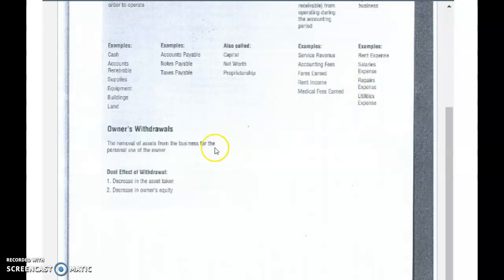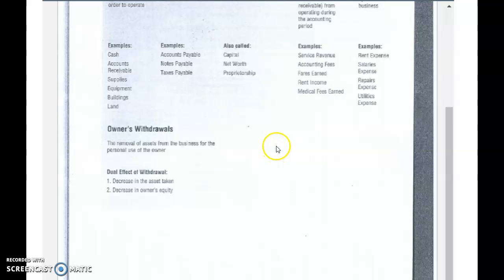But if it's for personal use, it is a drawing or a withdrawal. So you'll find those here. And if you draw out cash, for example, the owner takes $100 out, you're going to decrease cash, or that's the asset taken out, and then you're going to decrease owner's equity because you have reduced the amount of money the owner has in the business.